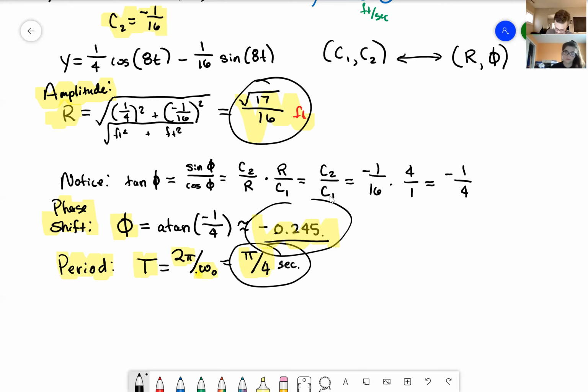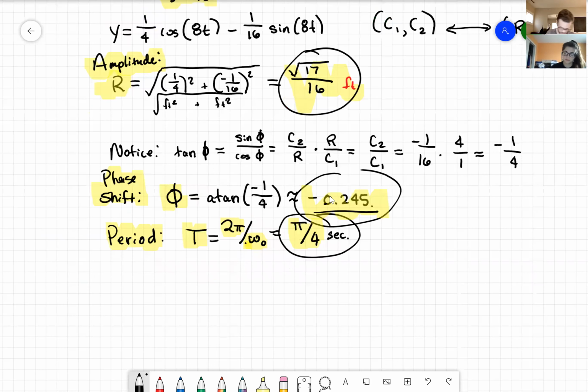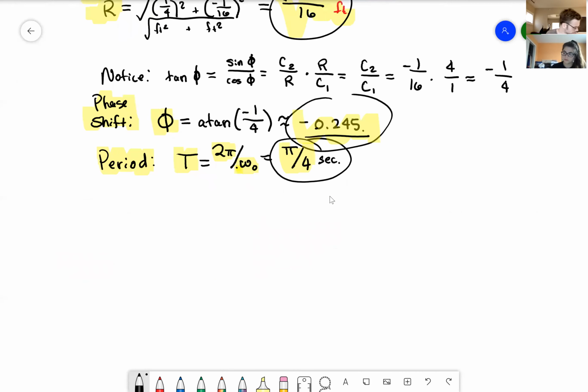Now, the next thing we would look at, and we're not going to look at today, but we'll just preview because we have about 20 seconds left, is the case with a driving force. So we'll call this driven or forced harmonic motion.